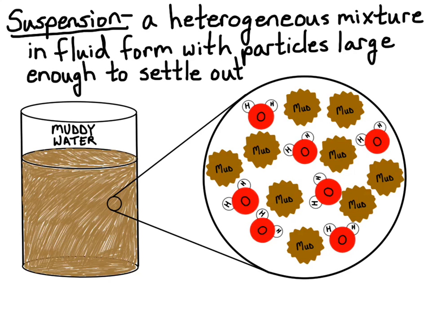So we've got this mixture of water and mud. Now muddy water is definitely a suspension type of mixture. It's a heterogeneous mixture with an uneven distribution of particles, and they are in suspension because eventually that mud will settle out.